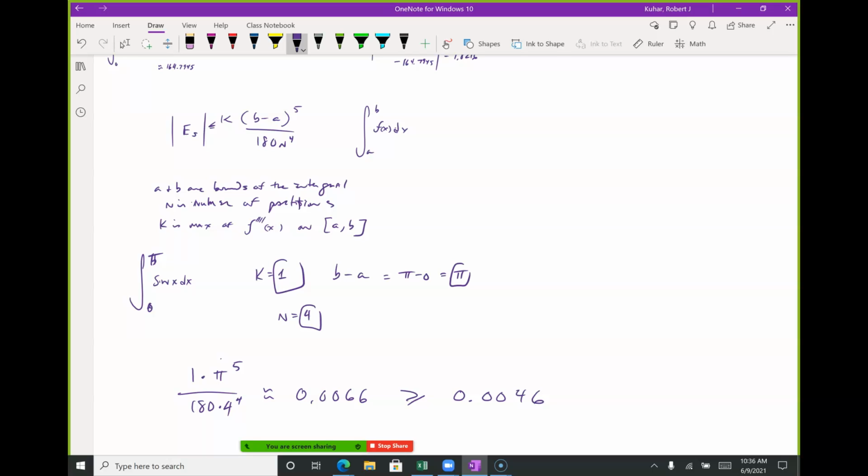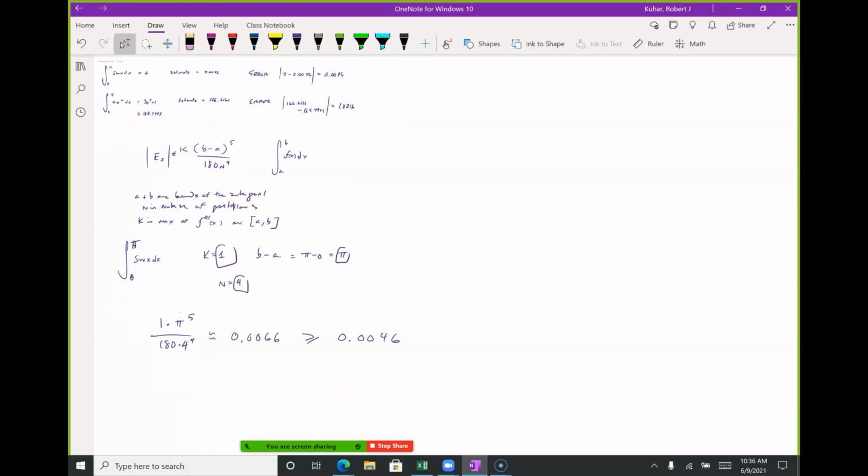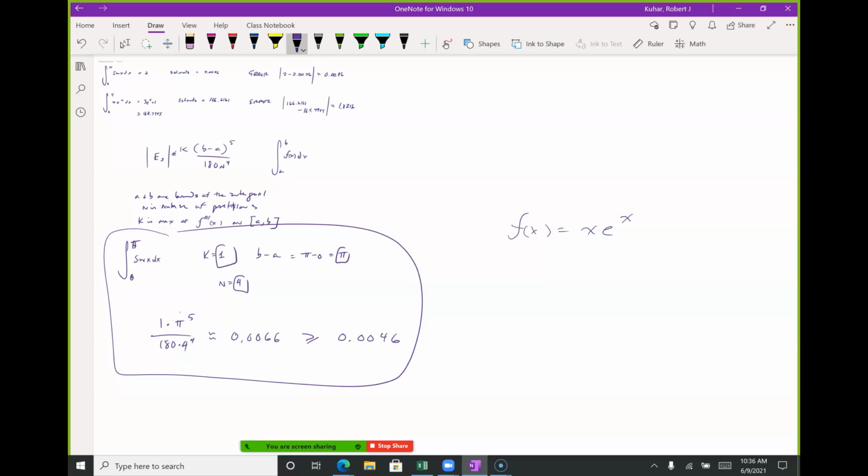Let's do this last one. And of course, the last one, the issue is the K value. So if my function is x e to the x, I need 4 derivatives of this. And then I need to find the max. So we want to find f quadruple prime of x on 0 to 4, and then see what we get.